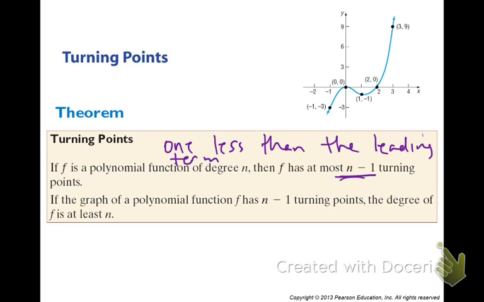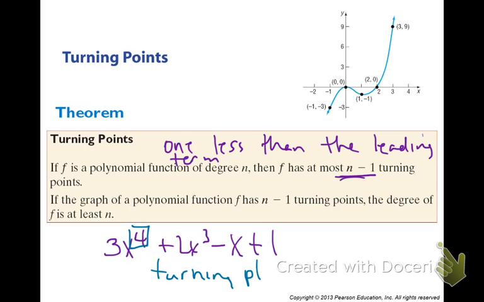That last one we looked at hadn't been multiplied out; we had x minus 3 squared times x. If we had multiplied that out and had the actual polynomial, like you had on your homework, say 3x to the 4th plus 2x cubed minus x plus 1, my leading term has a degree of 4. So how many turning points would we have? We would have 3. And that's all it is.